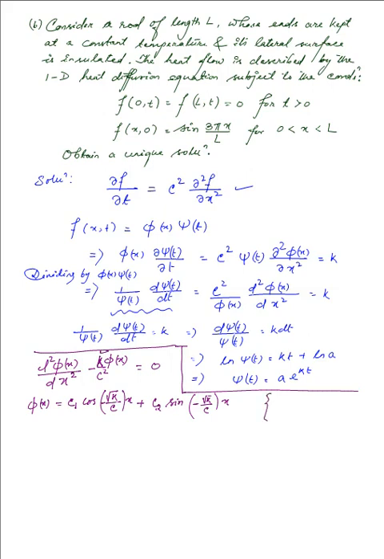that is d2 of any function, suppose f, over dx squared plus omega squared f equals 0. This is a wave equation that we are getting, so that is why we have this kind of solution.